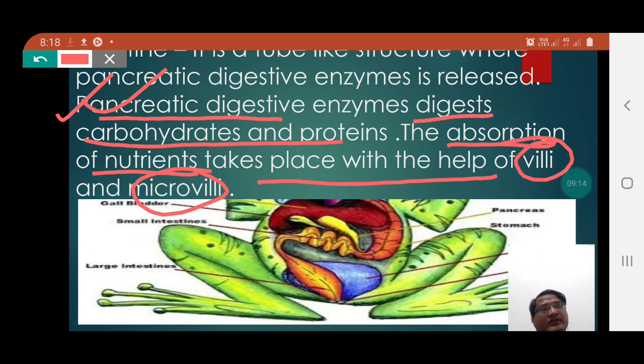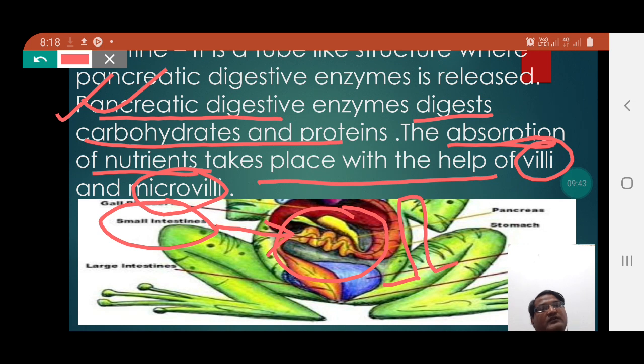Now students, here we can easily notice in this picture the diagram of small intestine. You can see here the condition of the small intestine, that is, a highly coiled structure, inside which there is presence of villi.